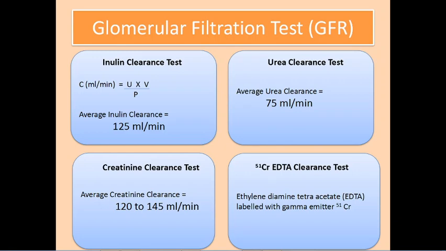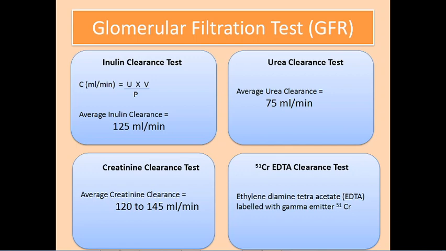An accurate 24-hour urine sample is collected and its total volume should be measured. Simultaneously collect a blood sample, estimate the serum and urinary creatinine concentration, and calculate the value using the formula U into V divided by P, where C is the creatinine clearance, U is the urine creatinine concentration, P is the plasma creatinine concentration, and V is the volume of urine in ml per minute.